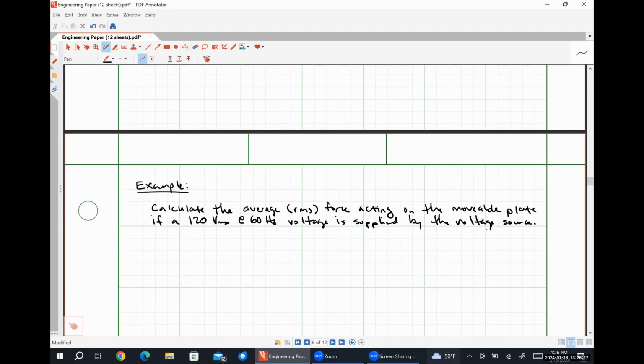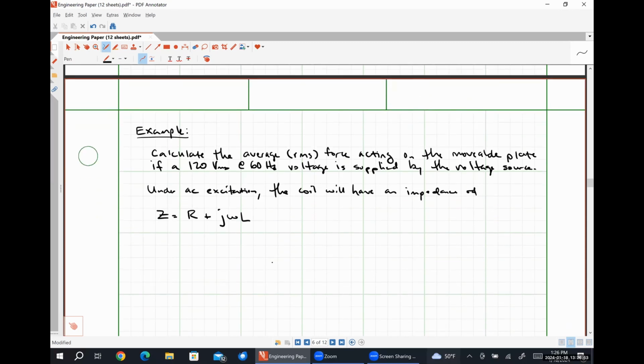So under AC excitation, the coil will have an impedance of Z equal to R, 5 ohms from before, plus j times omega times the coil's inductance value.